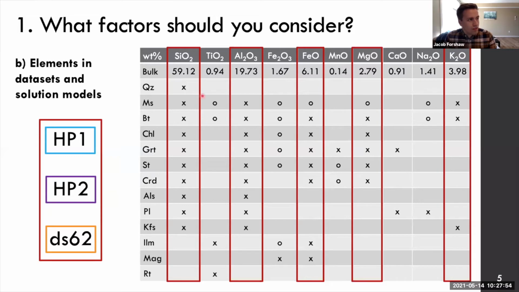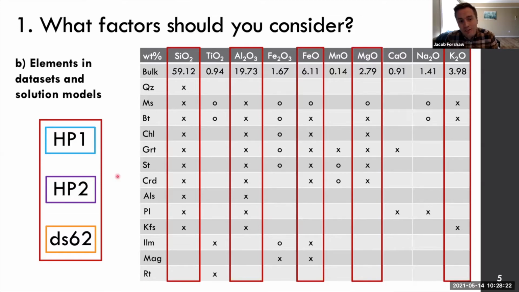And so what I've done here is just simply said that the majority of solution models are going to have a silicon, aluminium, iron, magnesium, and a potassium end member where appropriate. But different data sets and solution models have more or different end members for different minerals that I've listed along the left-hand side.